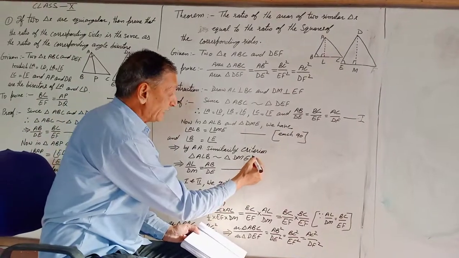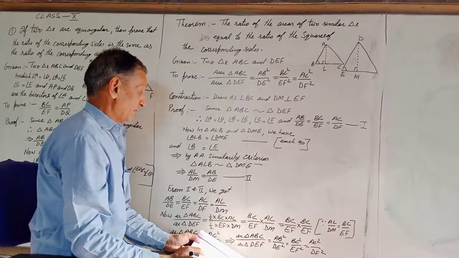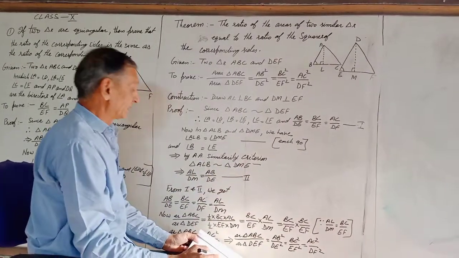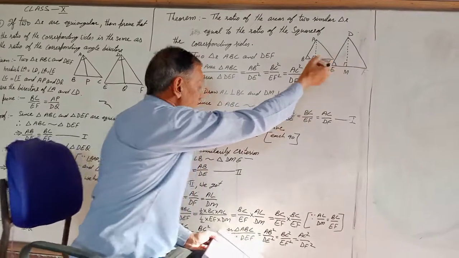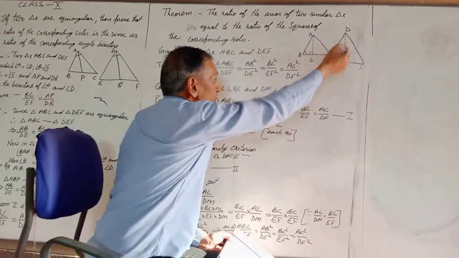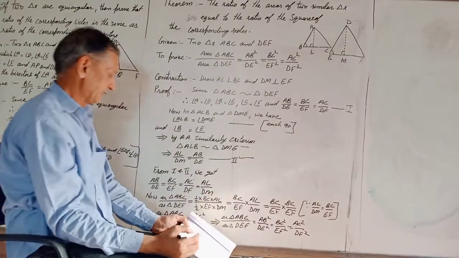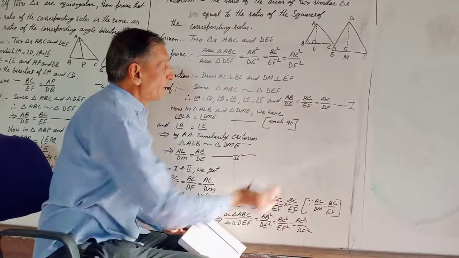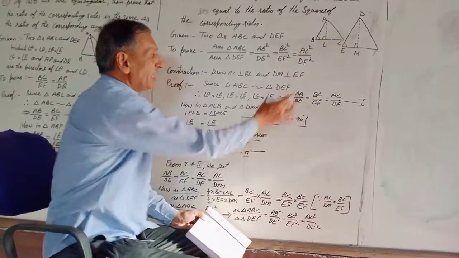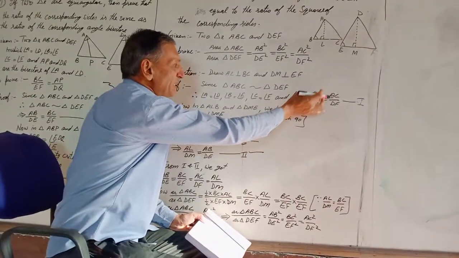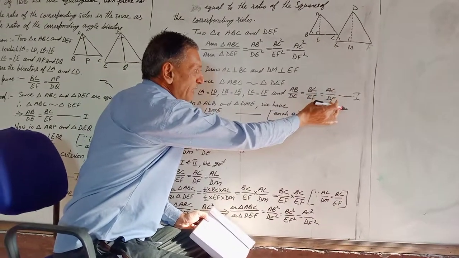Having reached here, we may say that once these two triangles are similar, then AL upon DM is equal to AB upon DE. Let's take it as equation number 2. Now from equation 1, we have AB upon DE is equal to BC upon EF is equal to AC upon DF.